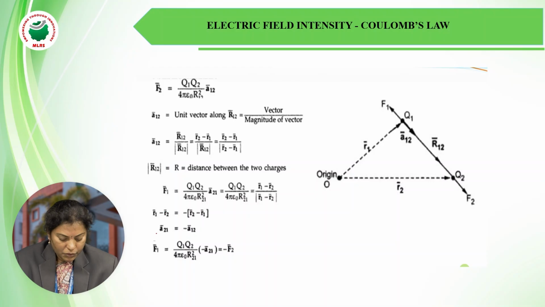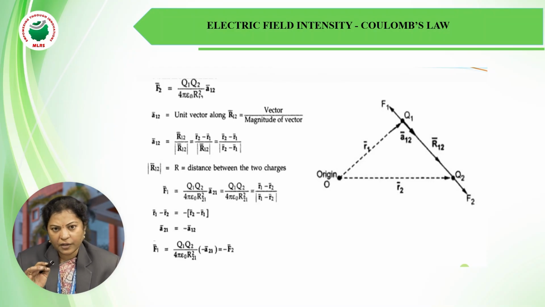The unit vectors for F1 and F2 are opposite in direction, because the force on Q1 is F1 and it has an opposite force on Q2, that is F2. So F1 equals Q1 Q2 by 4 pi epsilon naught into R21 square into minus A21, which we can write as minus F2. So in space, two charges are present.